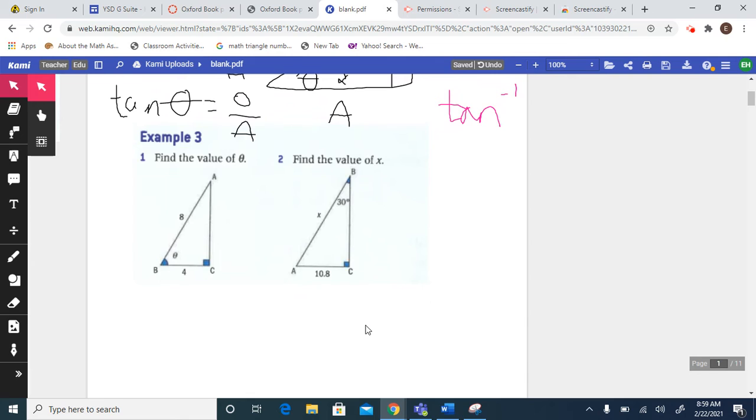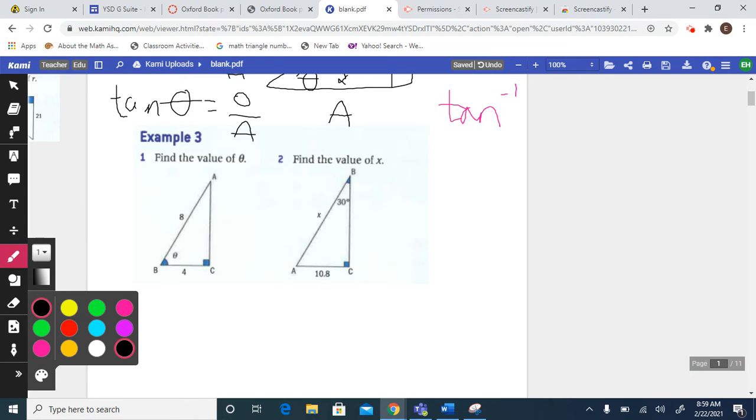I like to label the triangle first with opposite, adjacent, and hypotenuse to see what pieces they have for me, and that will tell us which one of the three trig ratios to use. So starting off, I always start with hypotenuse. That is this one across from the 90. We have our reference angle here, which makes this the opposite and this the adjacent.